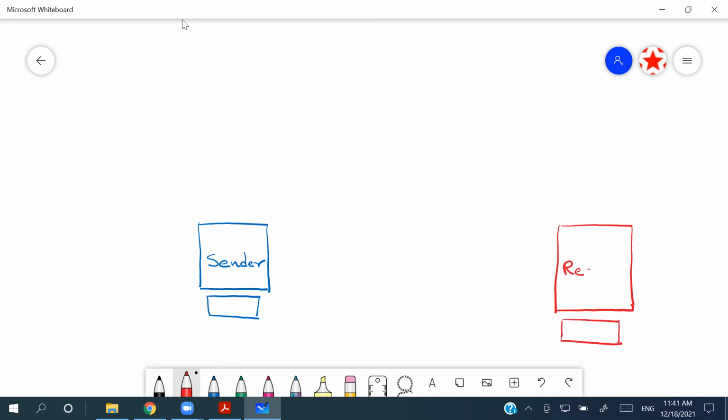So we call them the receiver, right? From the sender to the receiver, what they are doing is sending a message, or sending some particular data, right? So this data, or in common terms the message, is sent, right?